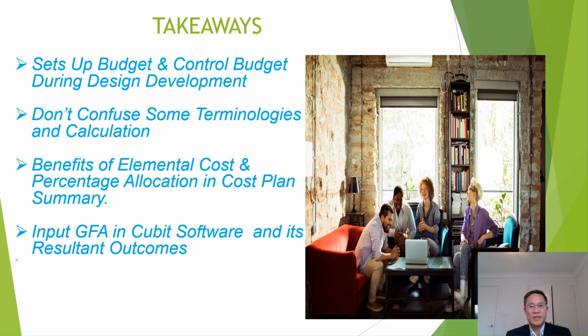So to wrap up, in this video I discussed the methodology to set up a budget and control budgets during design development for cost planning. On top of that, I highlighted that there are some confusing terminologies and calculations, for example the gross floor area, building cost, and gross project cost.